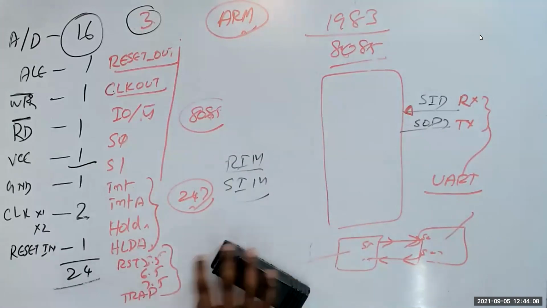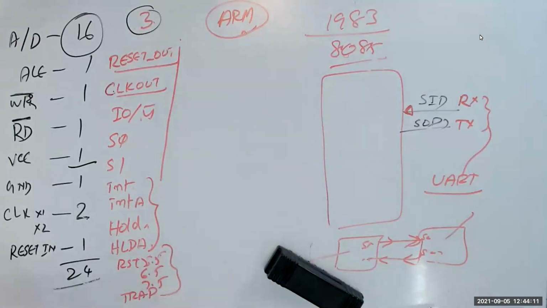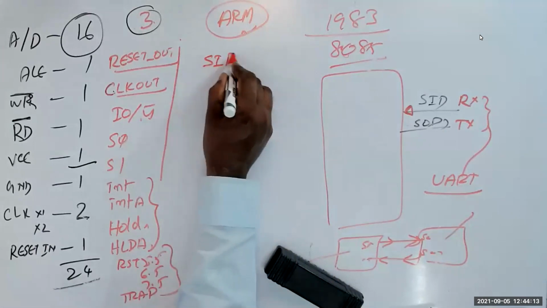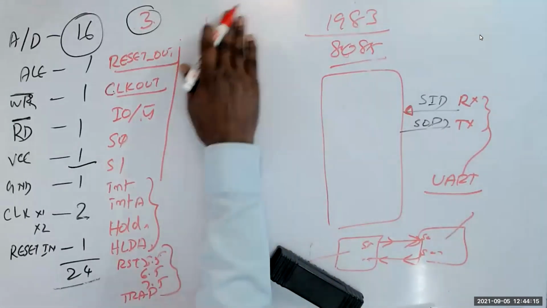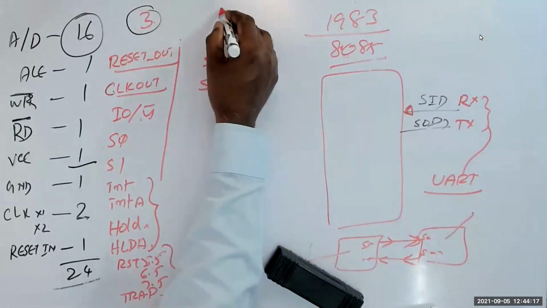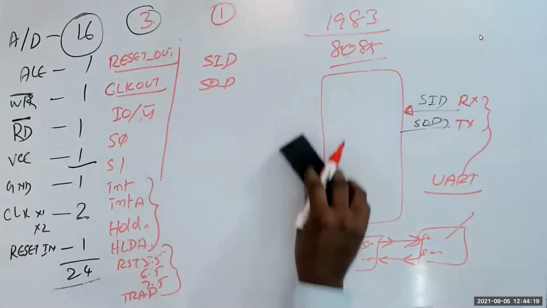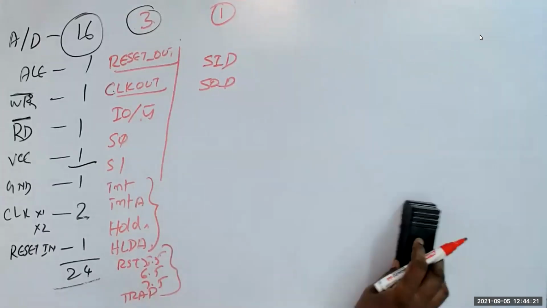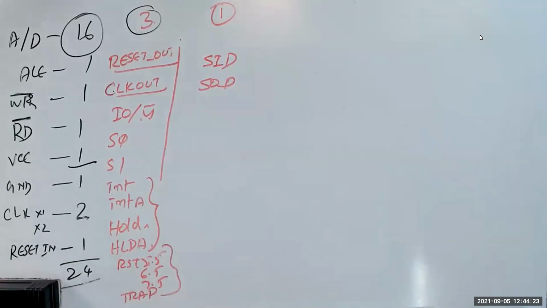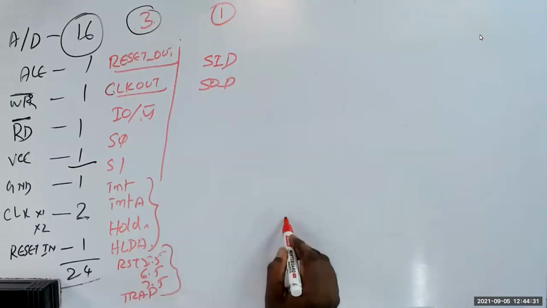So there were two more pins called SID and SOD. Only one pin is left out. That is a very tricky pin, which Intel thought would be very, very useful for us. That is a wonderful pin.